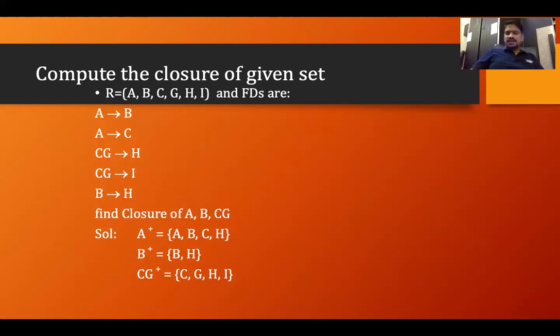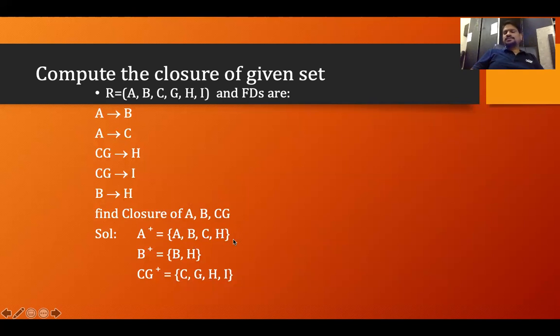Can we have any candidate key? If I put G somewhere here, then AG can become the candidate key. Can we find out A and G and determine all the attributes? With the help of A and G, CG is determining H and CG is determining I, so we'll get I also here and G also here.